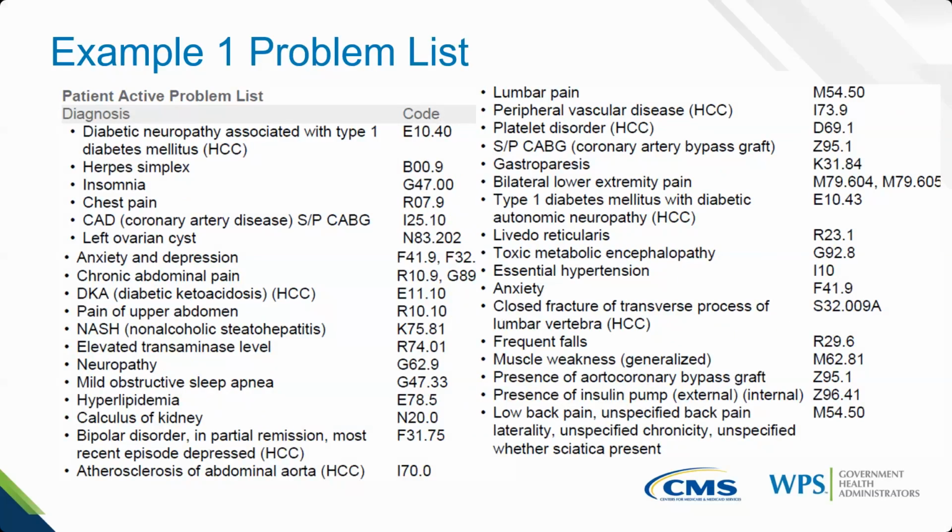So look at this problem list. Now, there's a lot of stuff on here, and in fact, our next slide actually even has more information on there. What we want to be looking at when you're looking at your problem list is, are these all of the things that this practitioner is actually treating on this date of service? You can see there are also some things that look very duplicative. We have diabetic neuropathy associated with type 1 diabetes, and then we have type 1 diabetes with diabetic autonomic neuropathy.